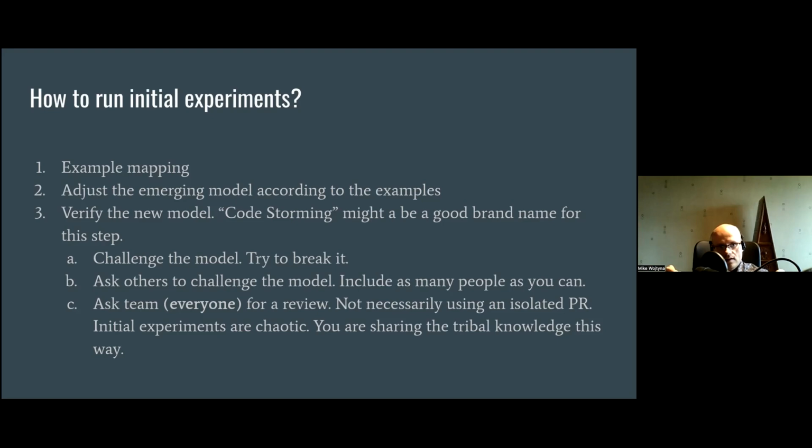So that's why in the initial experiments, your model is emerging out of examples. I usually do test-driven development to support this, or BDD if you prefer the naming. I don't really care about it.